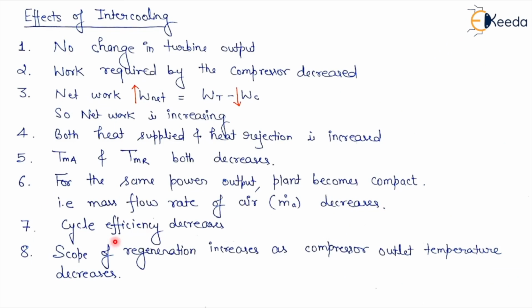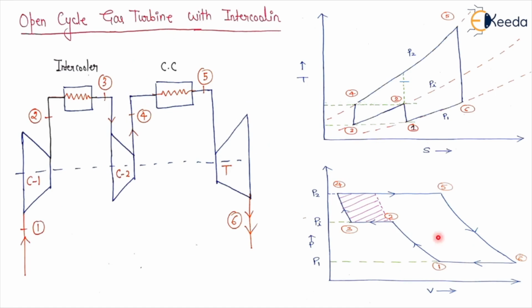In this case, cycle efficiency decreases because the mean temperature of heat addition and the mean temperature of heat rejection both decrease. The gap between these two will decrease, and because of that, thermal cycle efficiency will decrease. In this case, the scope of regeneration increases as the compressor outlet temperature decreases. You see here, without intercooler, the cycle will go like this, so compression will happen like this.